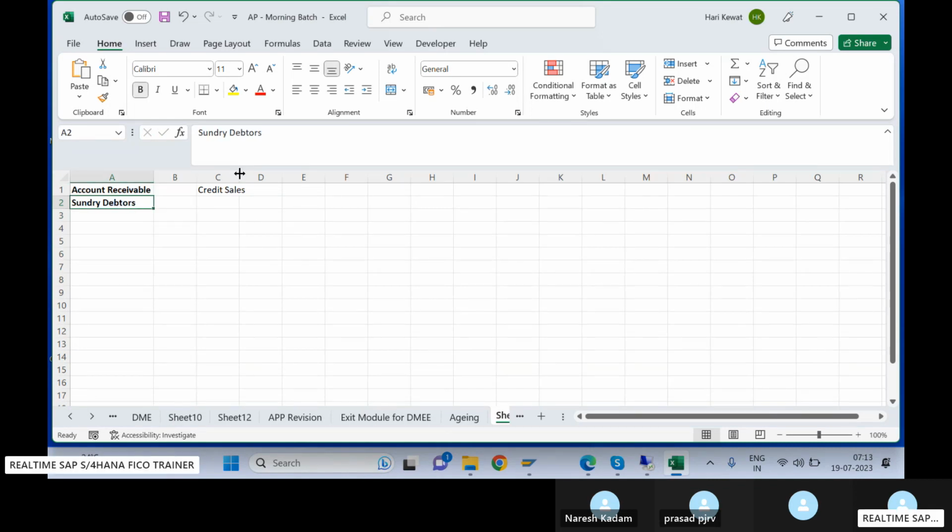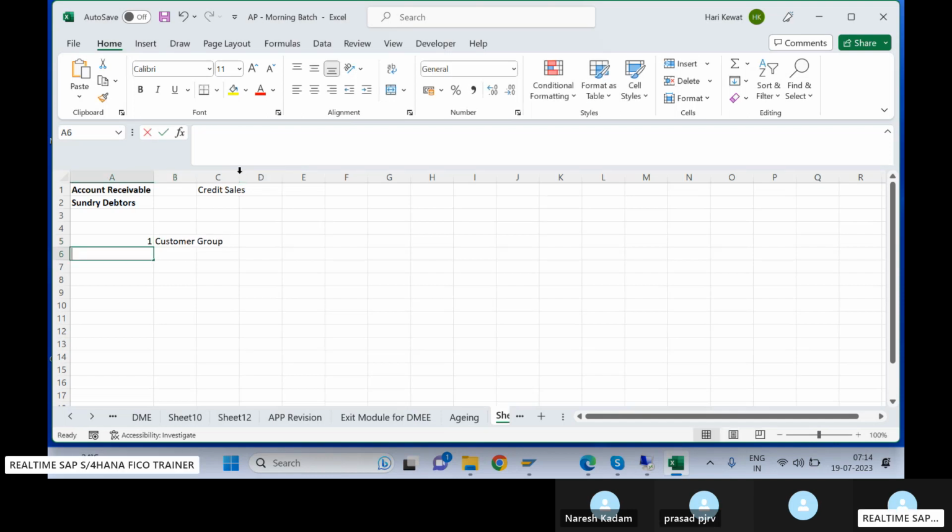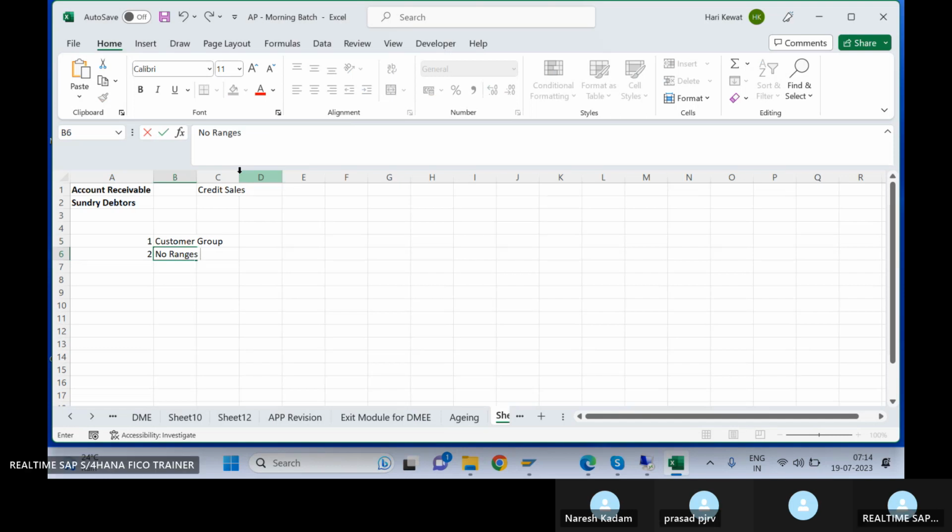Now in this we are going to understand, same as before, customer group creation: when you sell, how you want to categorize your customer group. Second, number ranges for the customer group.